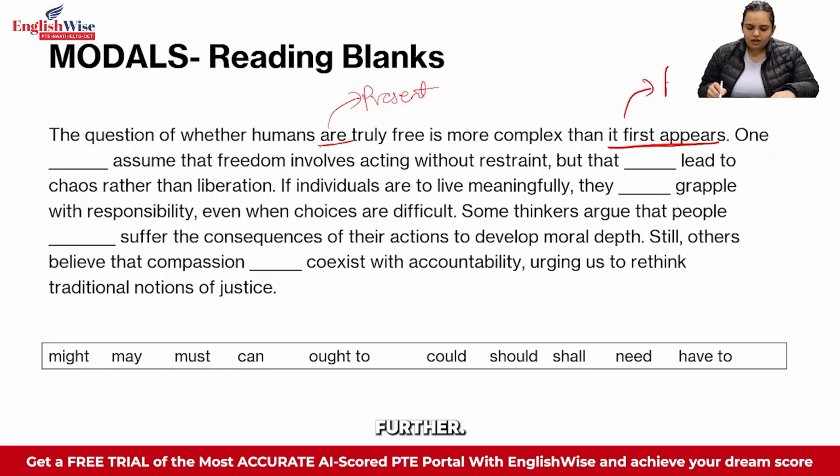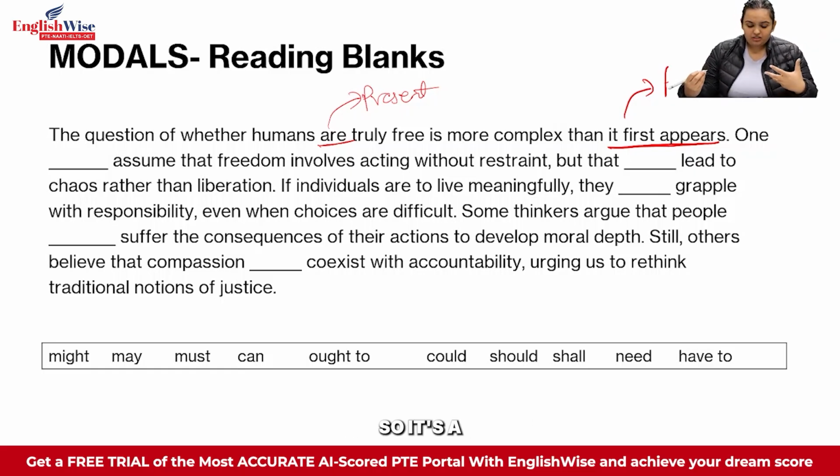Now I'll read further. One dash assume that freedom involves acting without restraint. Okay, so that means that our first thought when we think about freedom is that it involves no restraints. We can do whatever we want. Okay, now this is a possibility. There is nowhere written that this is 100% going to be the thought for everyone, or that it is the obligation that this is the only thought that people should have.